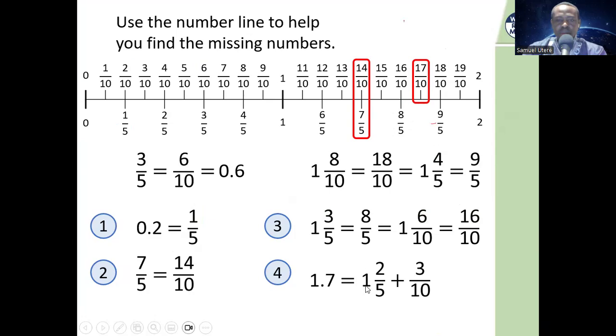Now, why? If we want to make them equivalent, going by tenths, 1 is the same thing as 10/10. And then 2/5 is the same thing as 4/10. So if we have 10 tenths plus 4 tenths, that will be 14 tenths.